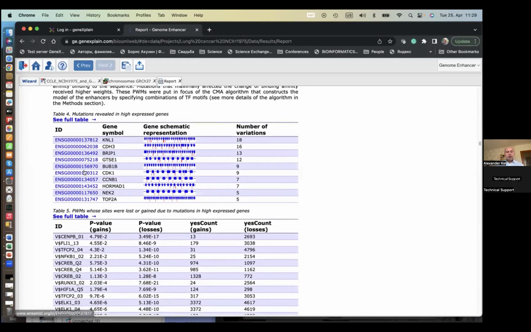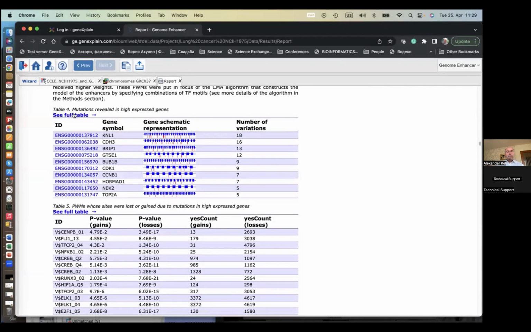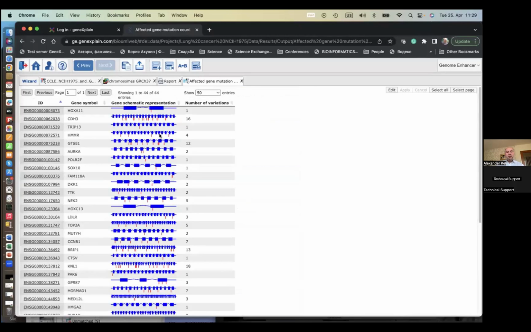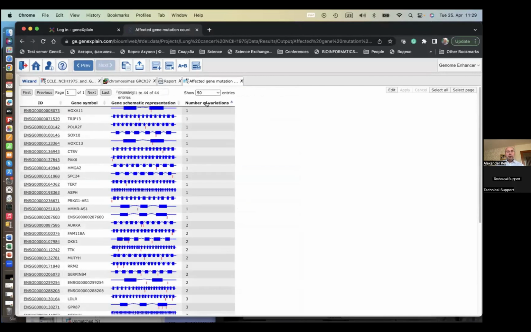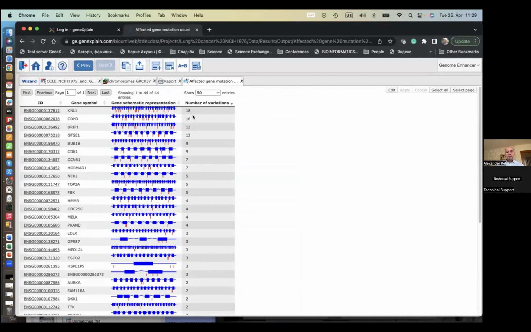So you see it's actually generating such a table. We can open this table in full. Actually, it gives you a list of genes where the mutations were observed in clusters. So you see, those genes which have multiple mutations, and they are located.